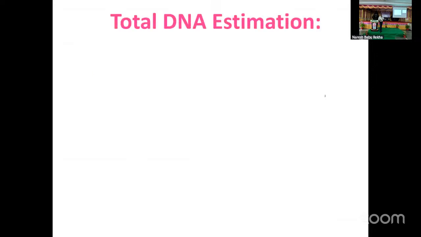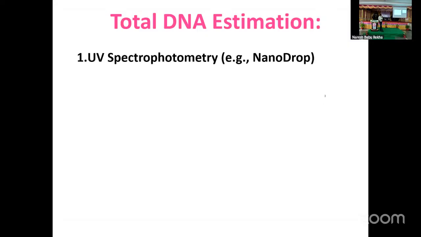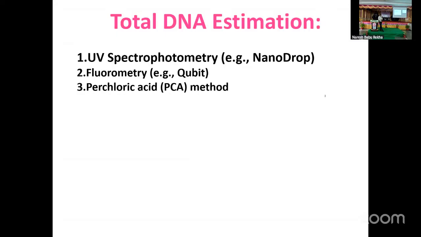Then I have a DNA. How can I assess it? We have different methods. One way is to use a spectrophotometer, another way is the fluorimeter, and we have the perchloric acid test. Maybe students are doing this basic test, called the perchloric acid method, or the ethidium bromide test.